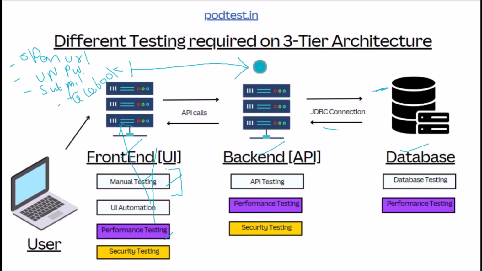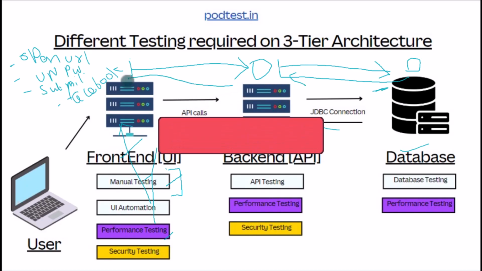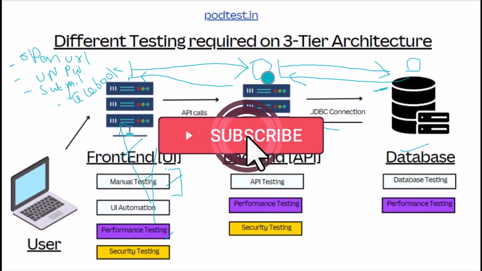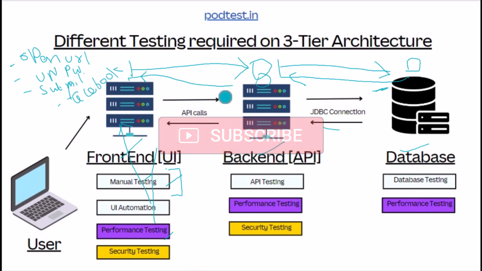After this, some processing happened here, and then there was a query made to the database, and then some processing was done here, and then again it replied back to this, and the reply was given to this, again after doing some processing here. So if you see, while just running this login, all three components came into the picture, and there could be a performance issue in any of these, or in all of these.